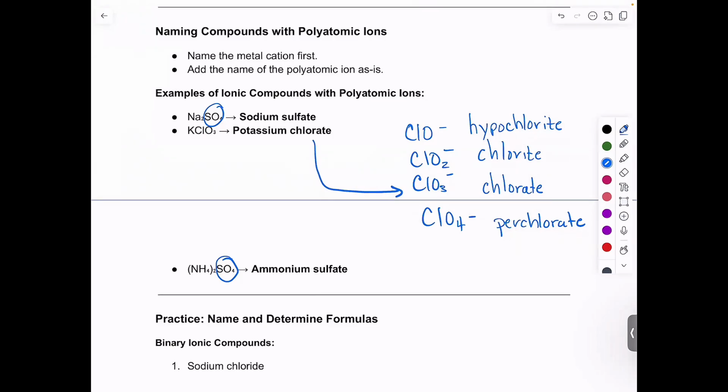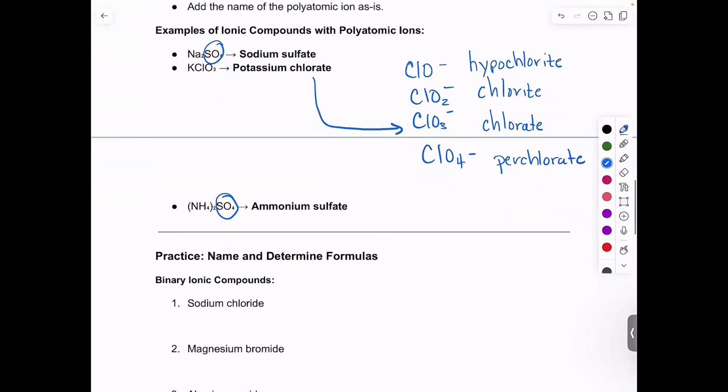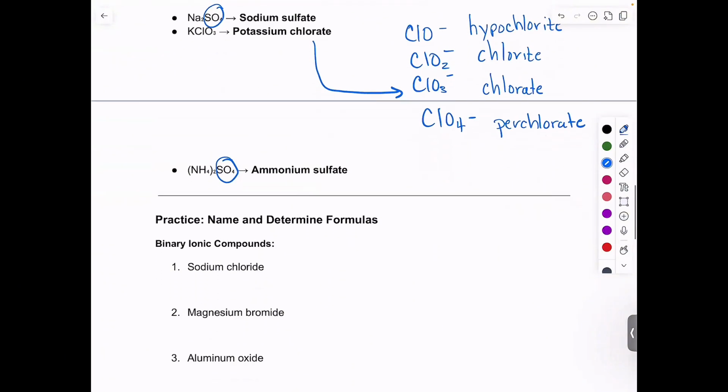When it comes to subscripts, that's going to be part of the next section, which is determining your formula, right? Sometimes we need to alter subscripts because we're trying to balance out the overall charge of the molecule. So molecular charge should be non-existent.